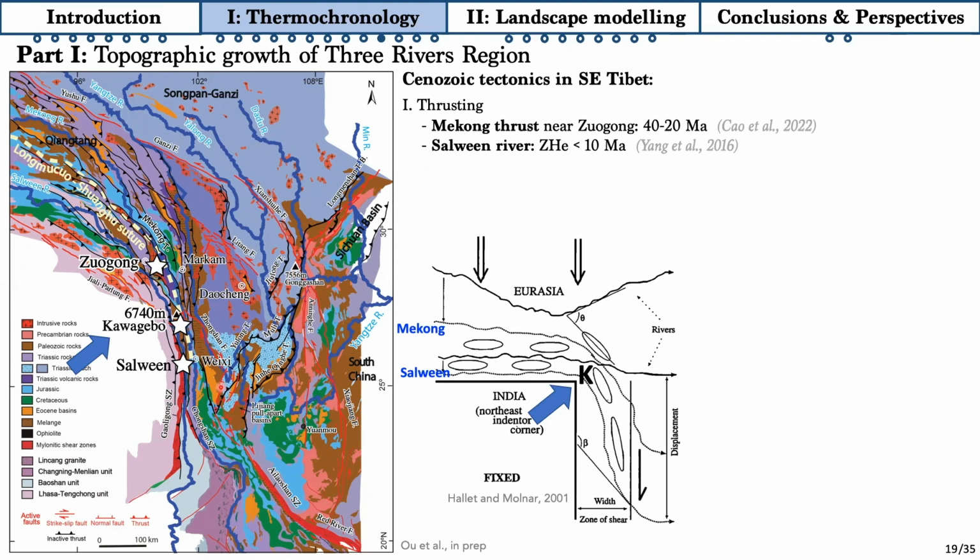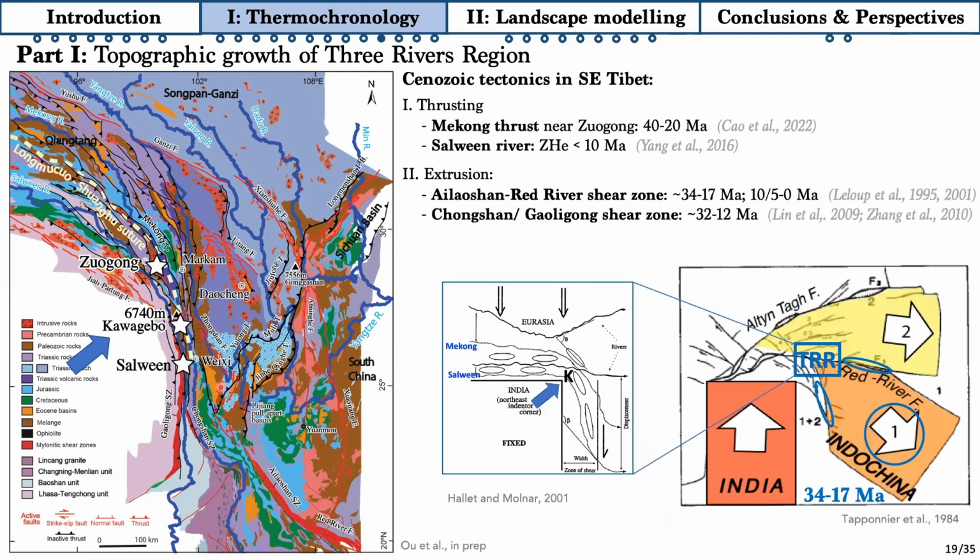And at a regional scale, this continuous indentation has also been suggested to cause the southeastward extrusion of the Indochina block along the large-scale Ailao Shan-Red River shear zone here, and the Gaoligong shear zone here, with strong shearing along them and almost no deformation inside the block.